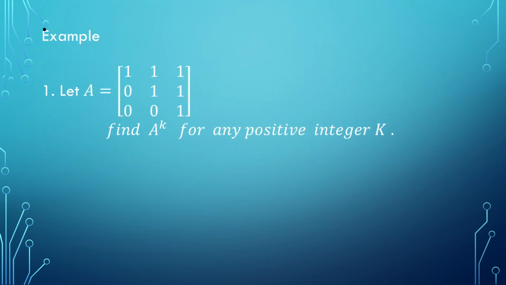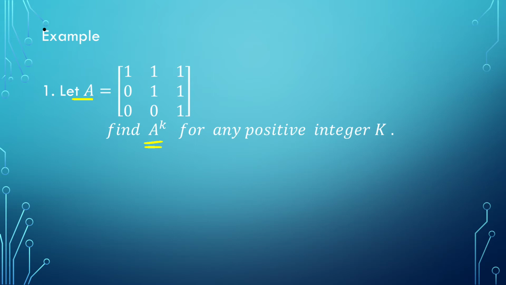Okay, let's look at an example. If we let A be this matrix with ones on the upper triangular, let's find A to the power k, for any positive integer k. So how do we get the power of a matrix?